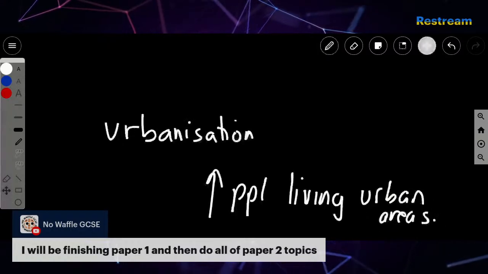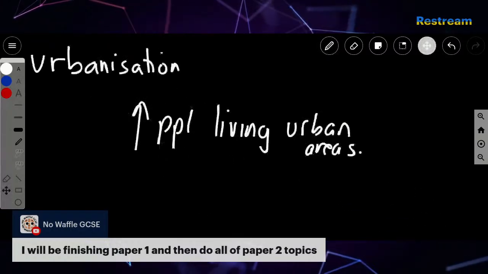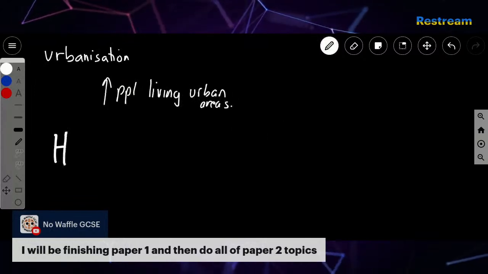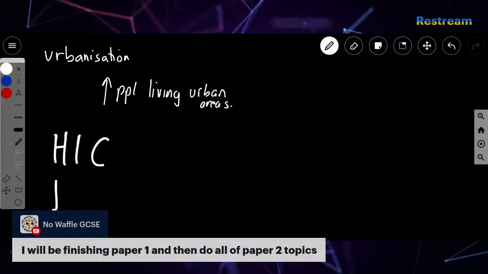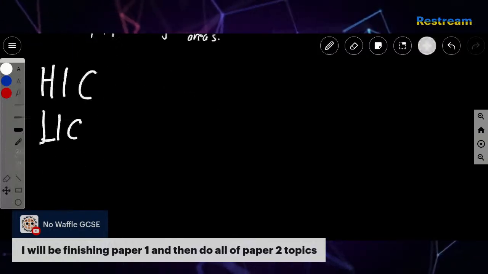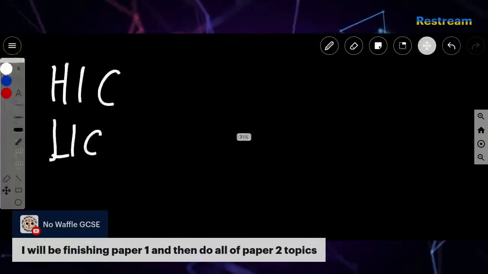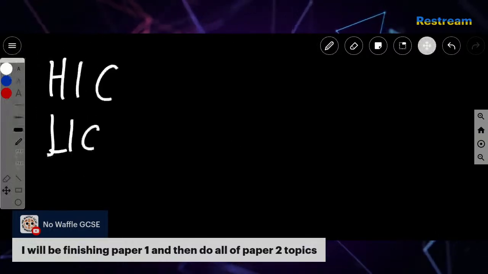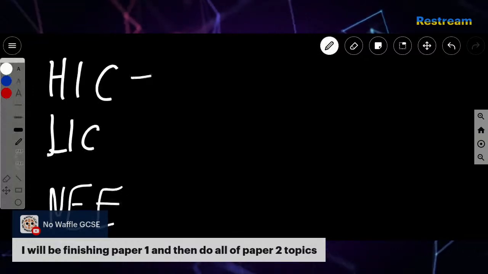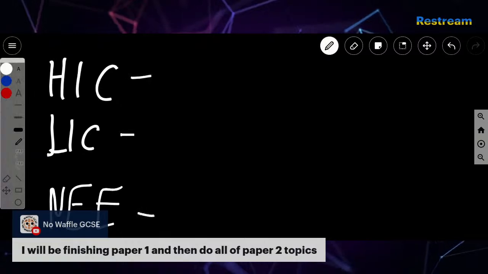Now, the rates of urbanization are very different amongst different economic backgrounds. So, if you have high income countries, low income countries, and newly emerging economies, they all have differing rates of urbanization. Now, high income countries actually have a very low rate of urbanization.